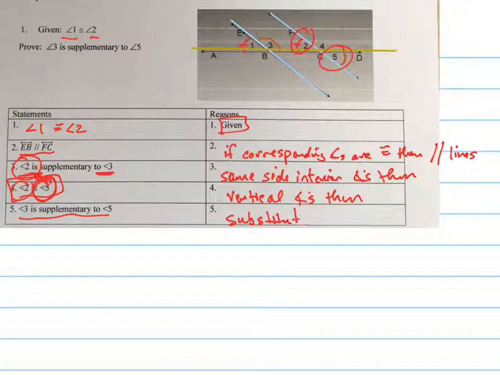I'm substituting these things that I said earlier. I'm basically substituting here where I say 2. I'm substituting the 5 in there because I just said that they're congruent. I see. So if 2 is supplementary to 3, then 5 is also supplementary to 3. Or 3 is supplementary to 5, because that means the same thing.